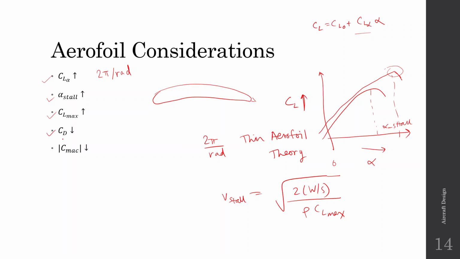Then again we want CD to be low, so we want an airfoil to have low drag. We want the lift to be high but the drag to be low, and for this purpose sir has discussed a special kind of airfoil called a laminar aerofoil.